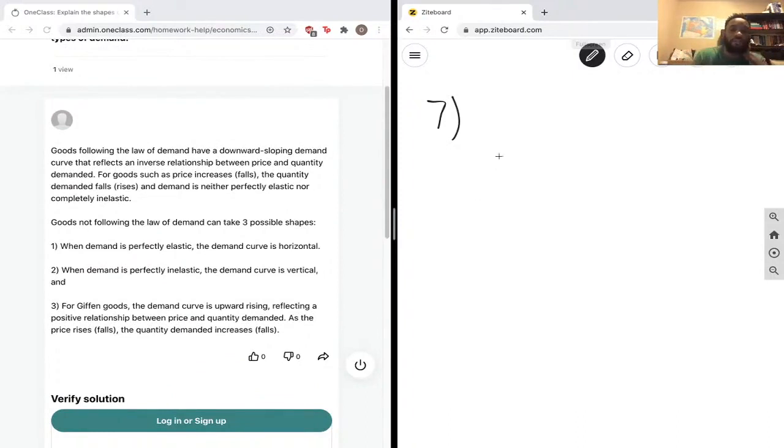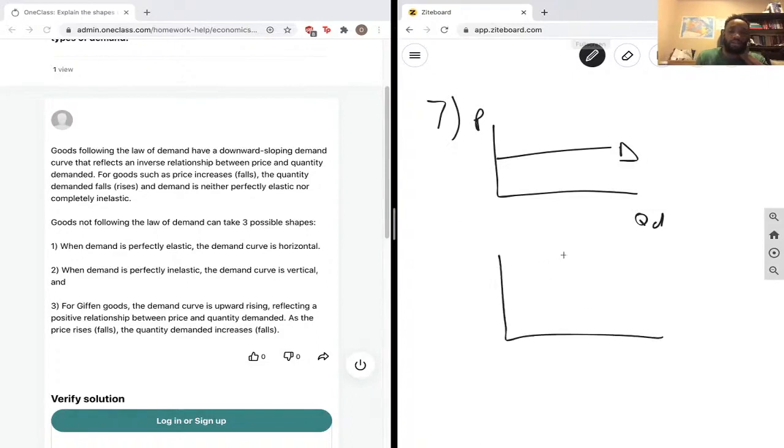When demand is perfectly elastic, the demand curve is horizontal. So our demand curve right here. If it's perfectly inelastic, this is our demand curve right here.